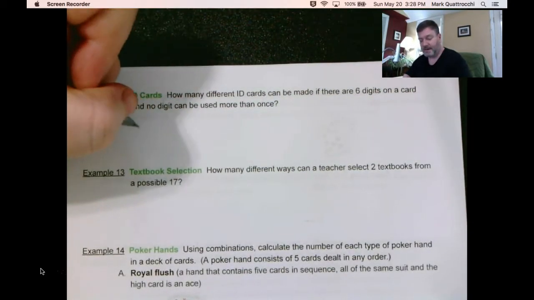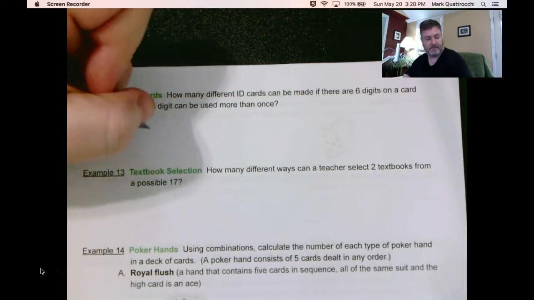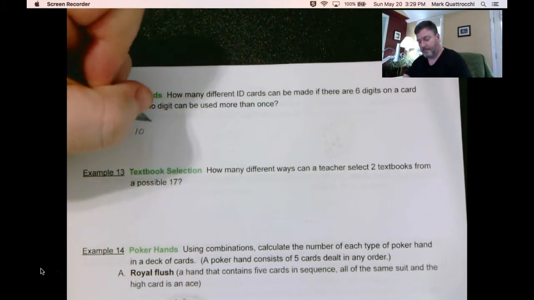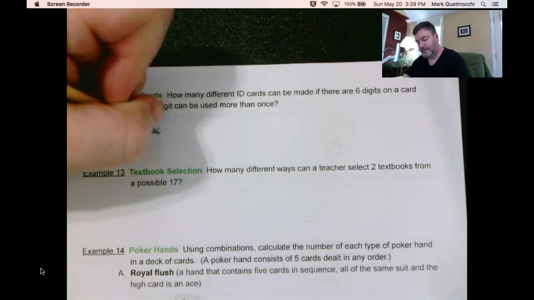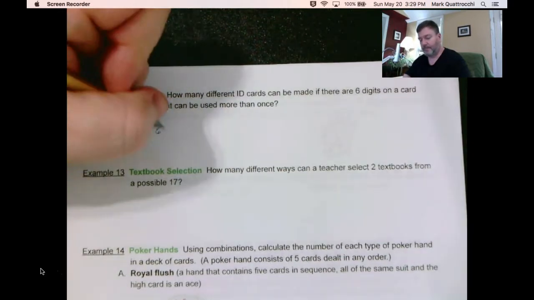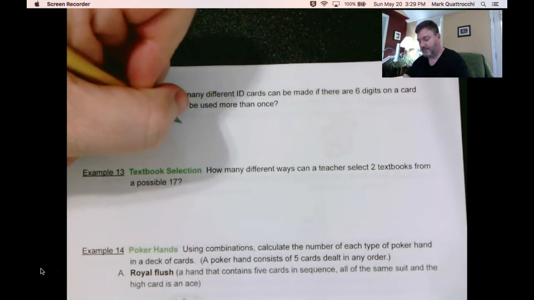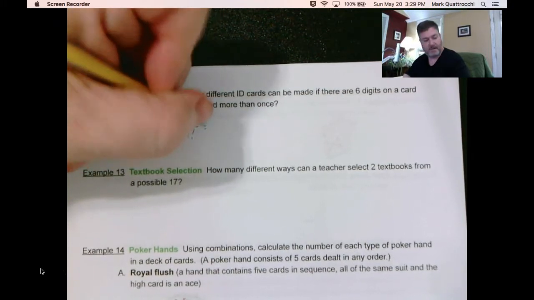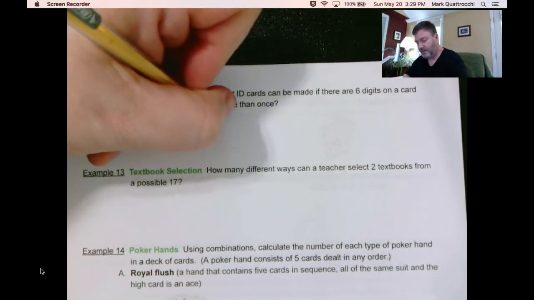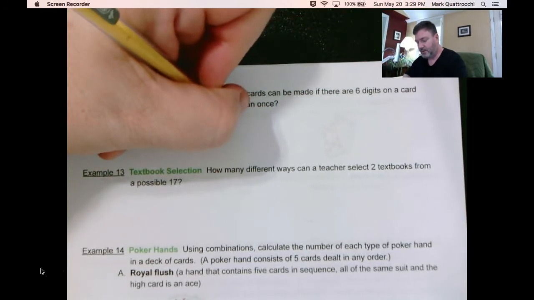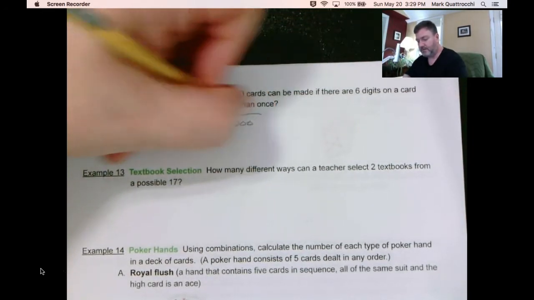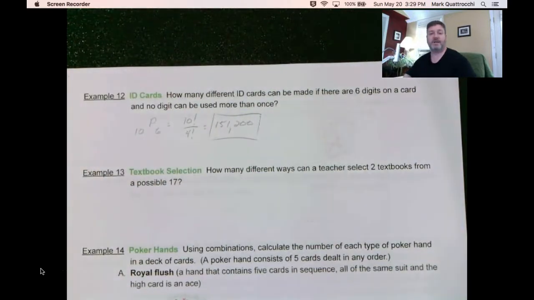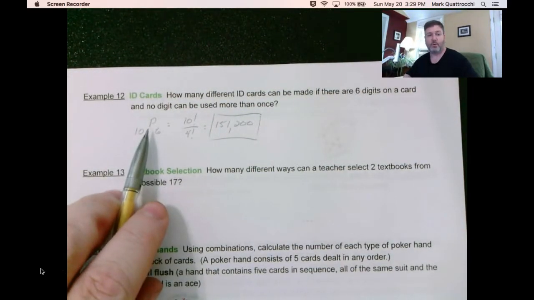So 10P6 is equal to 10 factorial over 4 factorial, which is equal to 151,200 possible permutations. Okay, and again, I chose P here because order mattered.